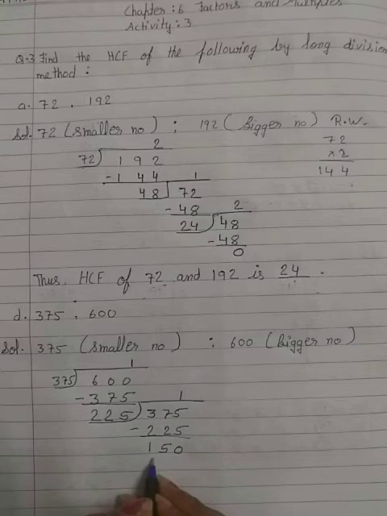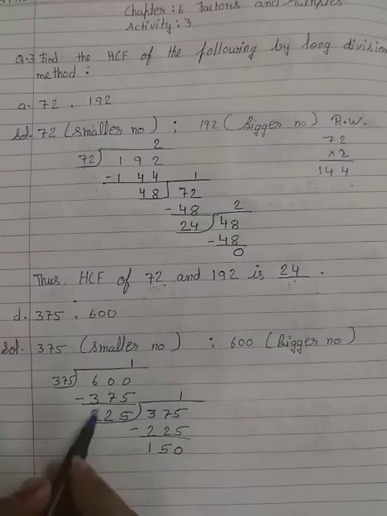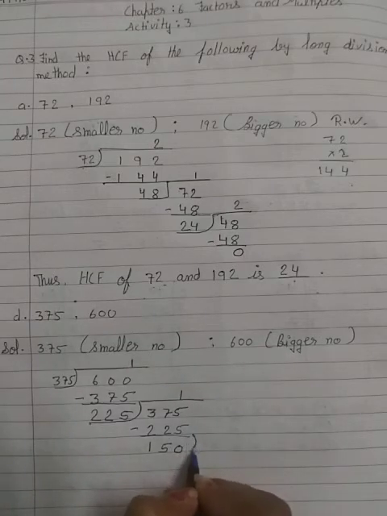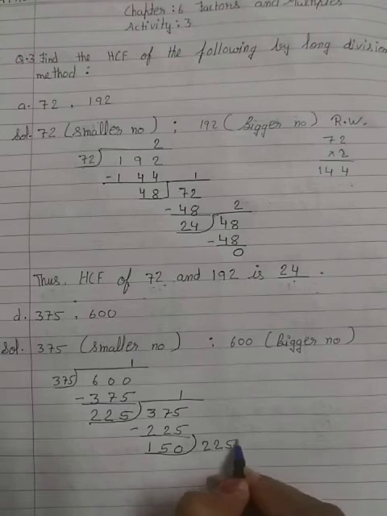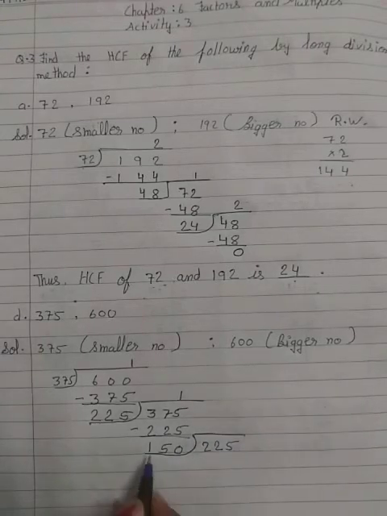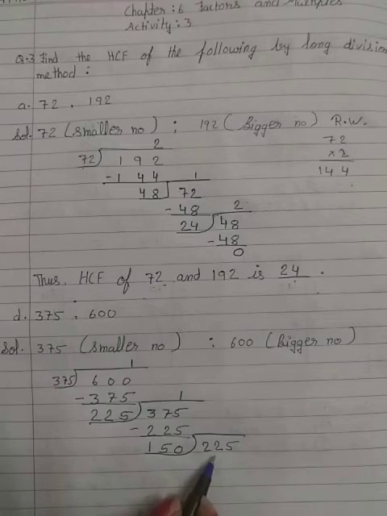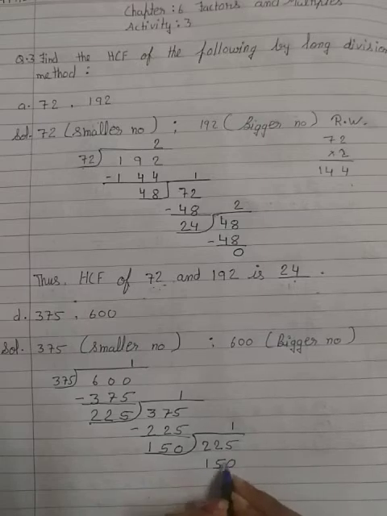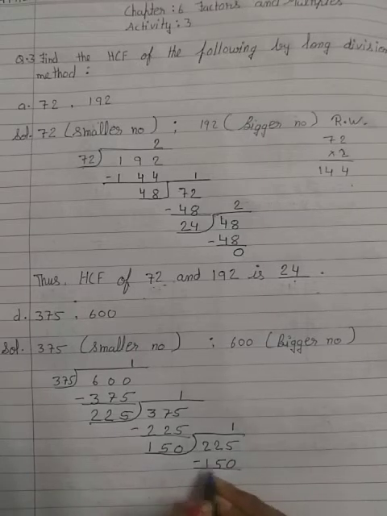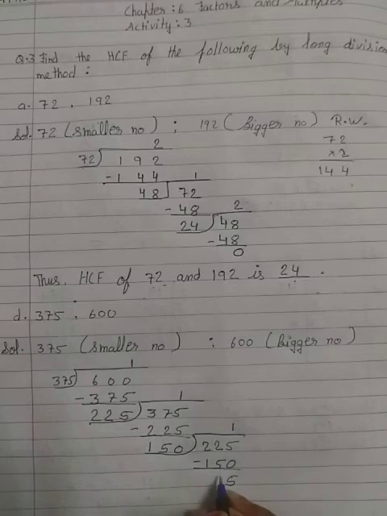Remainder we have 150 and we copy down the divisor. The divisor is 225. 150 divided by 225: one time we will divide 150. 5, 12 minus 5, 7.